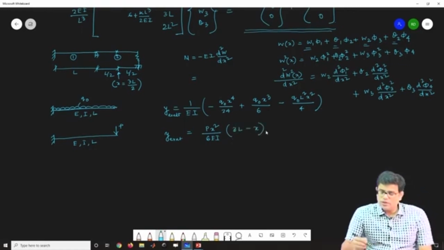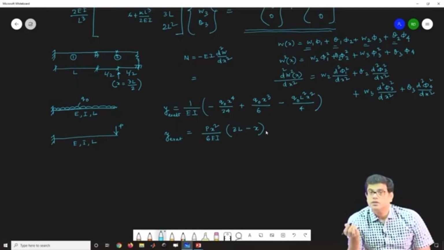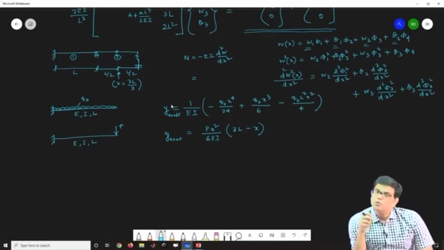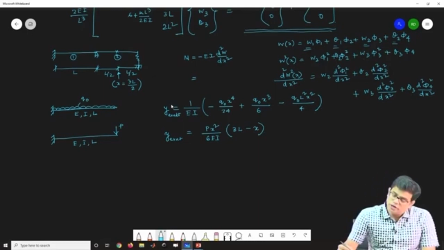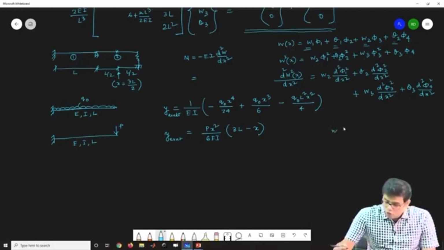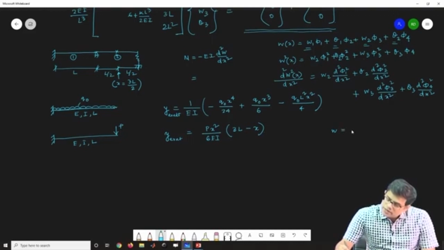Now look at those exact solutions and the finite element solutions. In the finite element solution, our approximating function, W or Y, whatever you say, was C0 plus C1 x plus C2 x square plus C3 x cube.